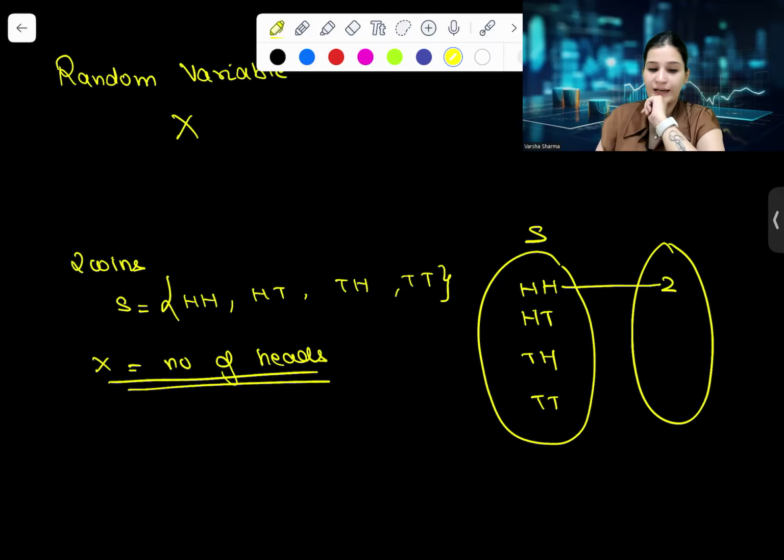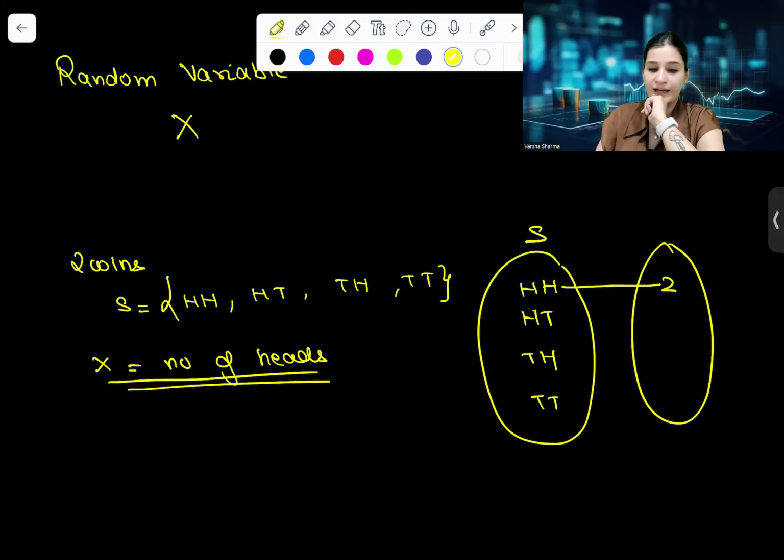So suppose I asked you: find the probability distribution of number of tails, and find the expected number of tails. That means I'm telling you that your random variable is number of tails. We'll always give you a hint. So HHH, how many tails? 0. HHT, one. HTH, one.